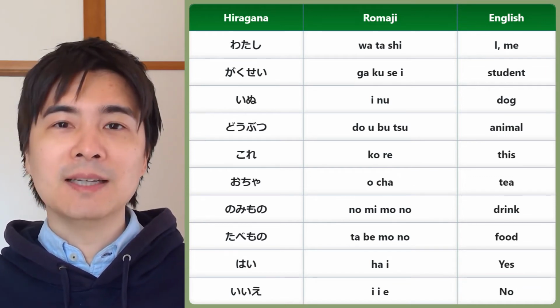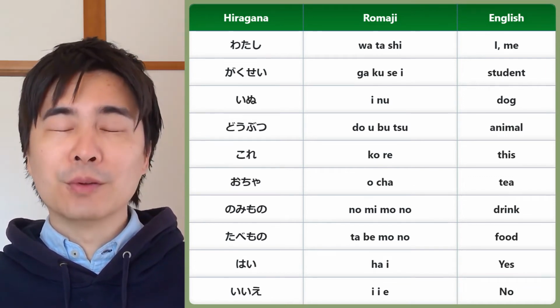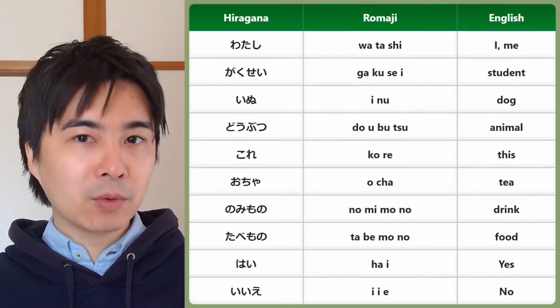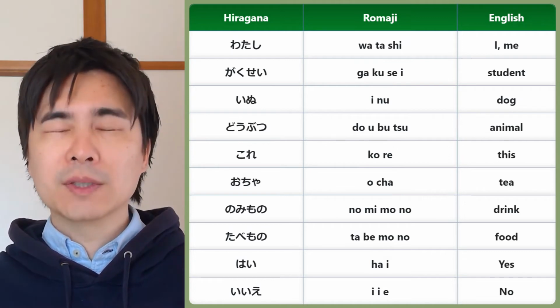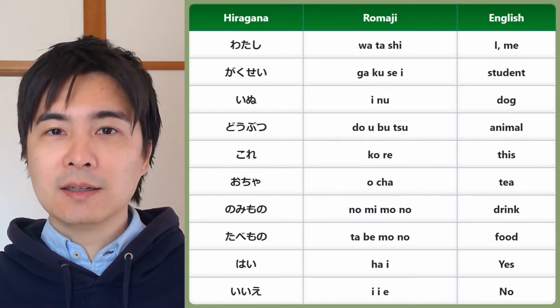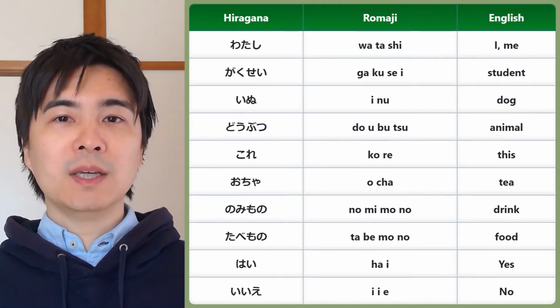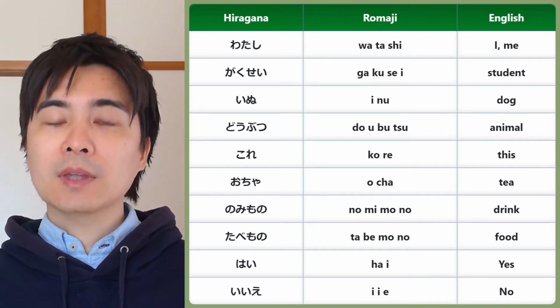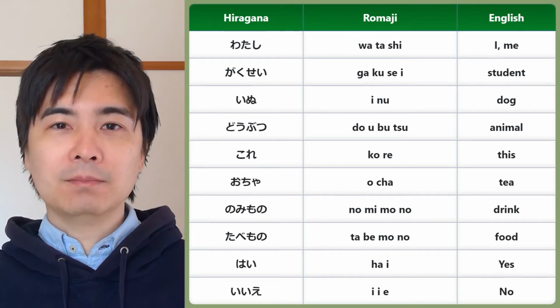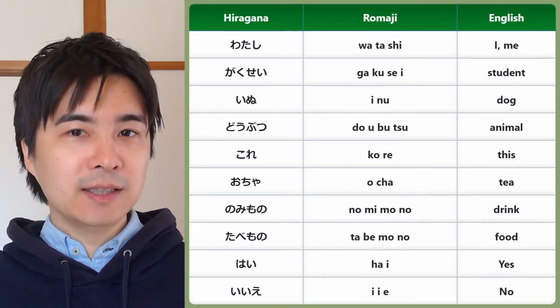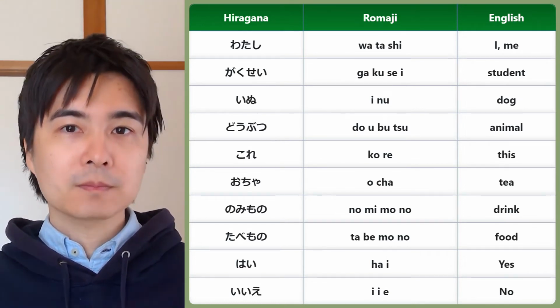And 犬 means dog. 動物 means animal. これ means this. お茶 means tea. 飲み物 means drink. 食べ物 means food. はい means yes and いいえ means no.